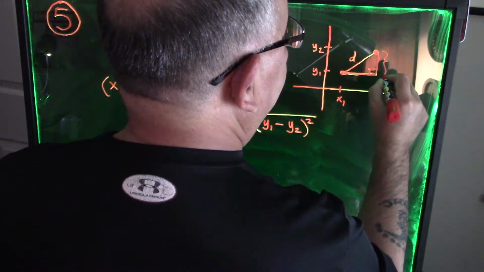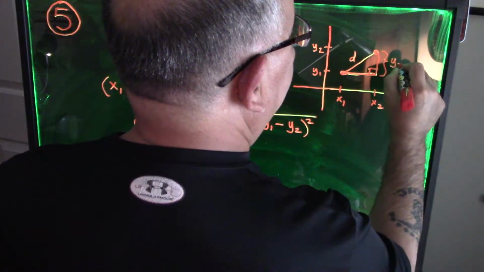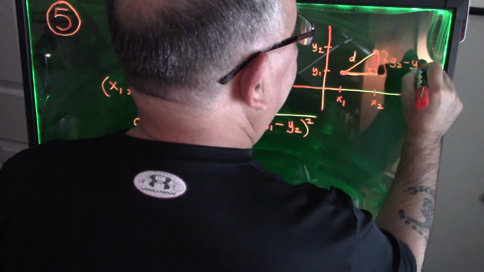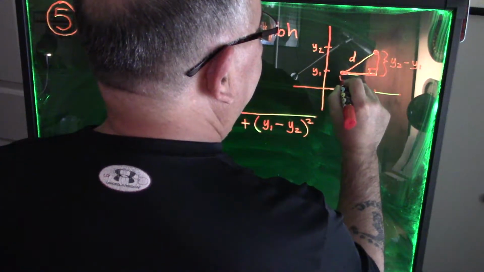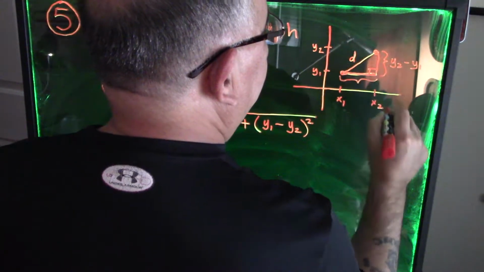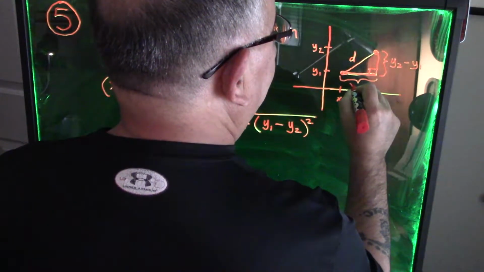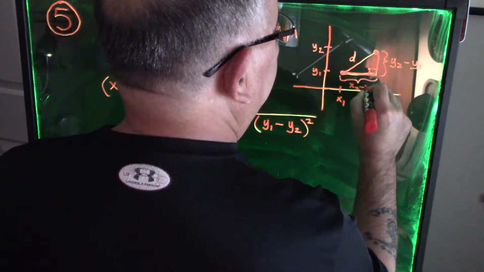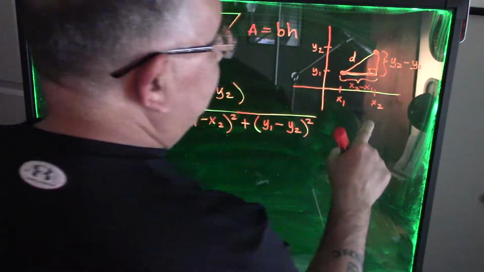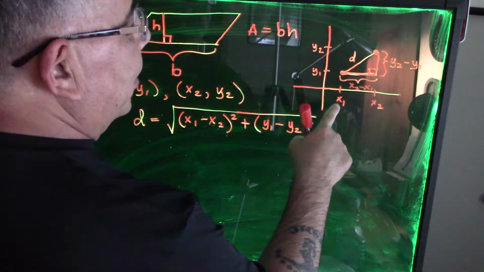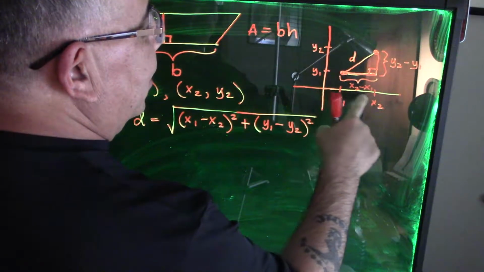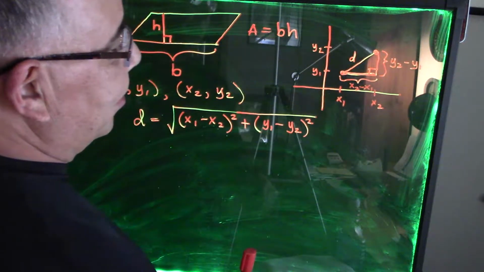Now what's this distance here? This is y2 minus y1, and this distance is x2 minus x1. For example, if x2 were 5 and that was, let's say, 2, this distance would be 5 minus 2, which is 3.